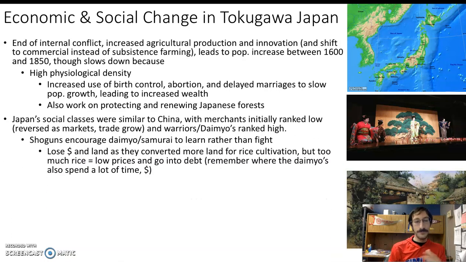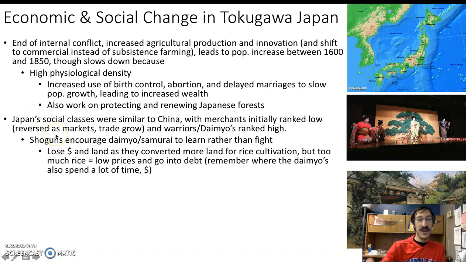At the same time, we also see comparisons within Japan's social statuses similar to those of China. These are differences in what they do to slow their population growth compared to China. But we see the similarity in the push for commercial adventures and creations instead of subsistence ones.